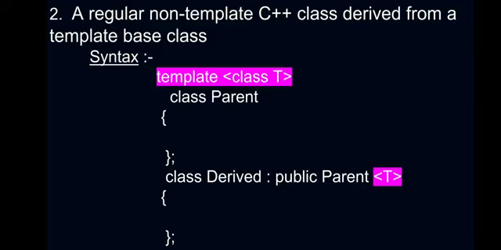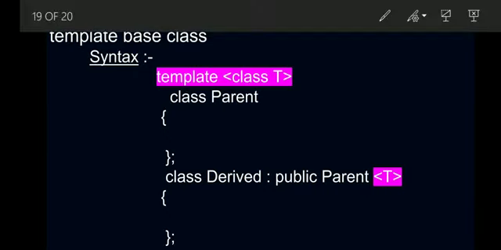So before the base class I will define the template. Since the base class is a template class, when I am deriving the class derived, I have to mention public, the base class name, that is parent, and the generic data type. Here T is the generic data type, so T we have mentioned.